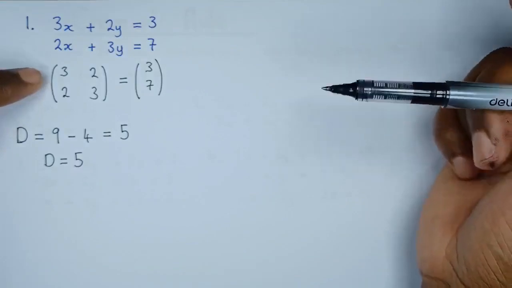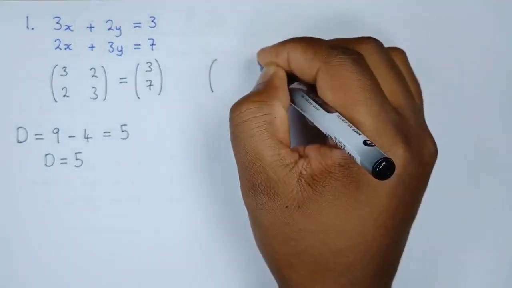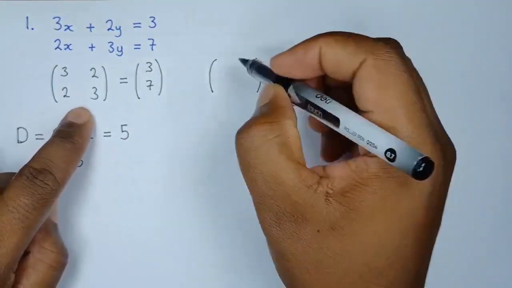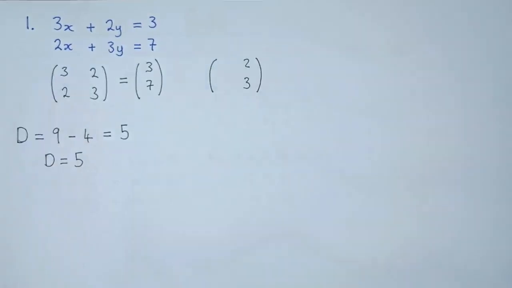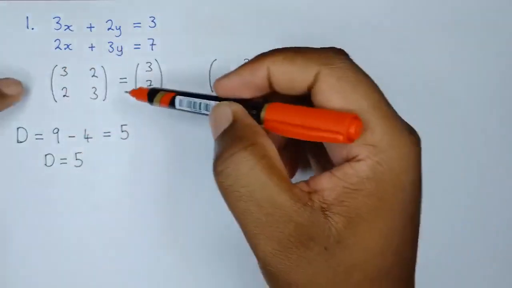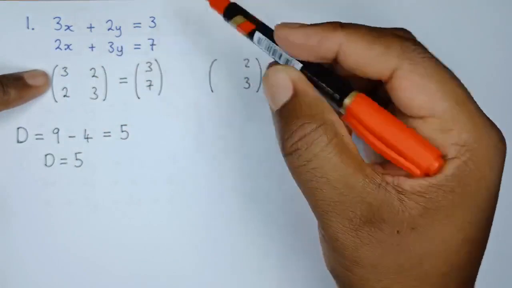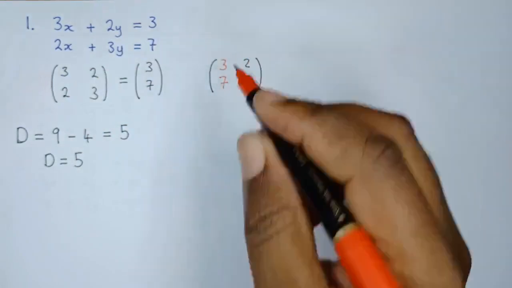So you're going to create another matrix, which will look like this. From the 2 by 2 matrix that we have here, repeat the values of y as they are. But for the values of x, instead of writing the 3 and the 2, since we're finding the determinant for the x values, you're going to replace them with these two values that you have here, which are a 3 and a 7.